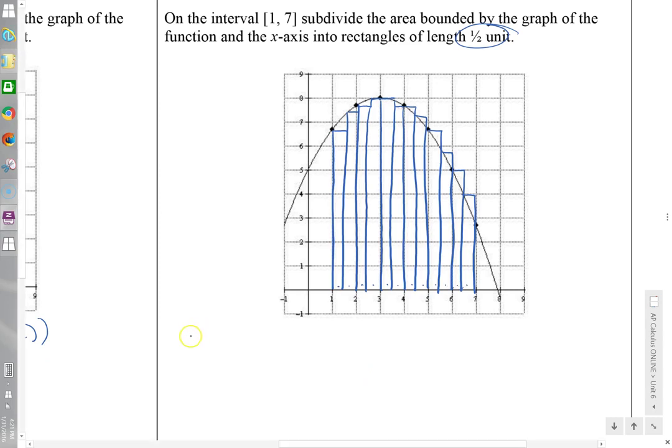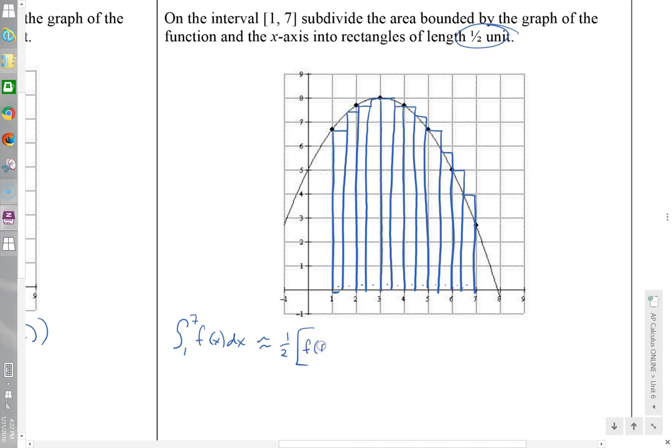So we're going to set it up. You can go ahead and find all the little pieces on your own, but the integral from 1 to 7 of f of x dx is approximately equal to, well, this time the width is 1/2. If I distribute it, I get 1/2 times each one of those, but I'm going to put the 1/2 on the outside to save time and space and effort and energy.